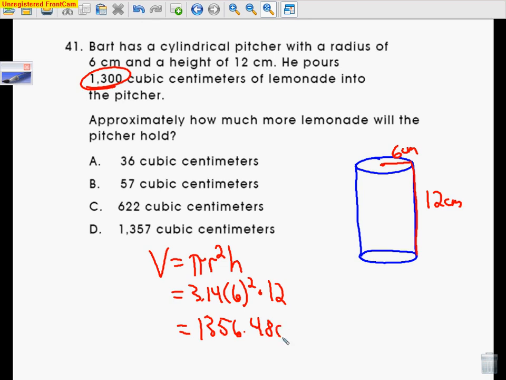Let me put my units here, centimeters cubed. Okay, so since we already have 1,300 in there, we're just going to subtract the two. 1,356.48 minus the 1,300. So we would get about 56.48. Okay, and that would be approximately B.